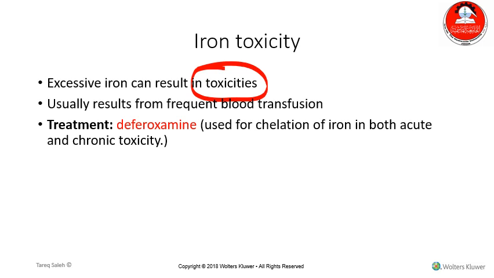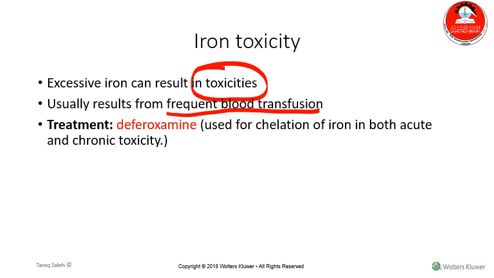so that percentage of iron absorbed is tightly controlled. However, iron toxicity happens due to frequent blood transfusions, and this happens with patients with thalassemia, for example, because those children will require frequent blood transfusions, and they will start building up iron in their tissues and organs.